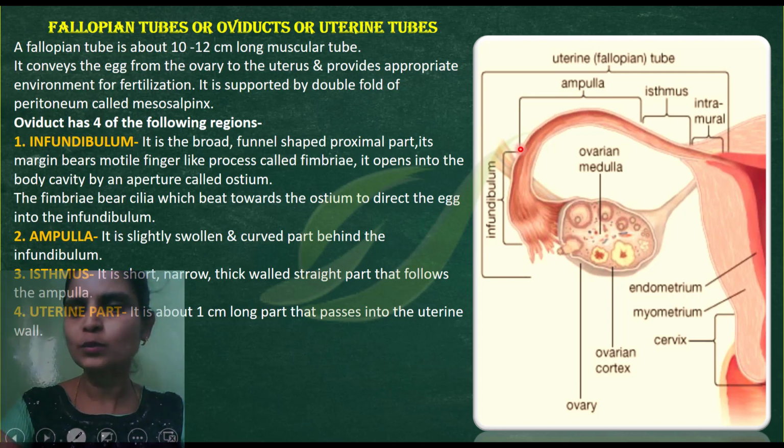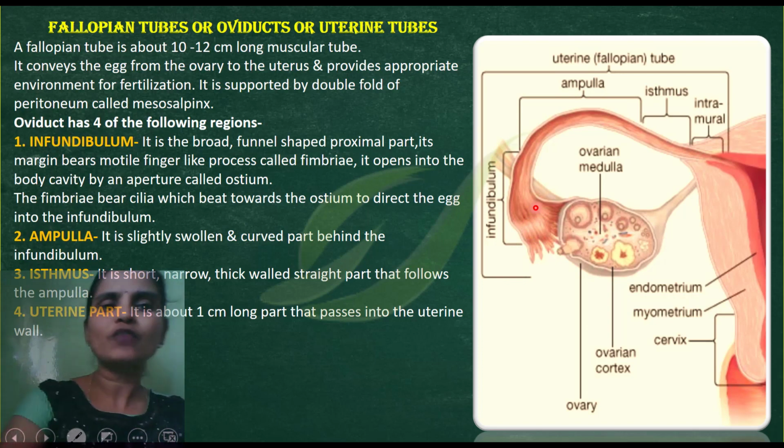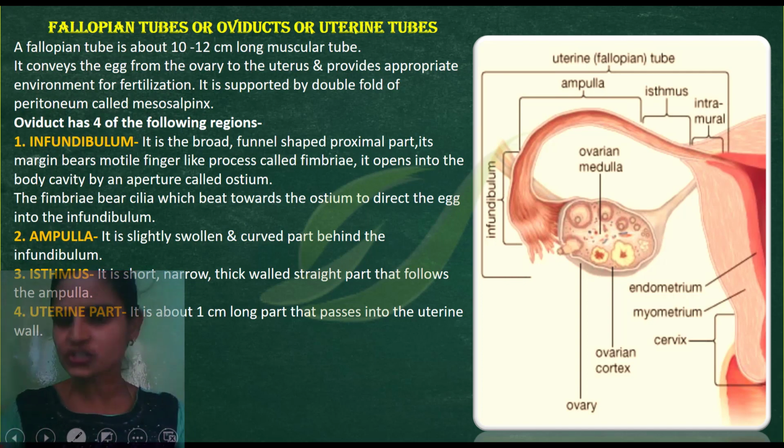The function of this fallopian tube is to convey the egg from the ovary to the uterus and also to provide an appropriate environment for fertilization. As you can find here, the release of the ovum is taking place.